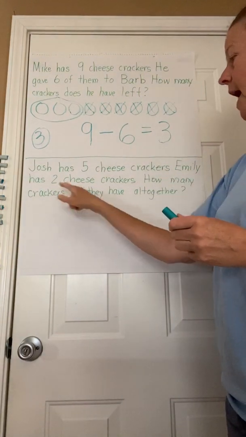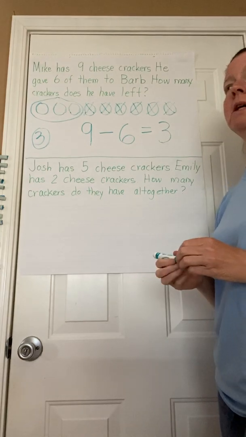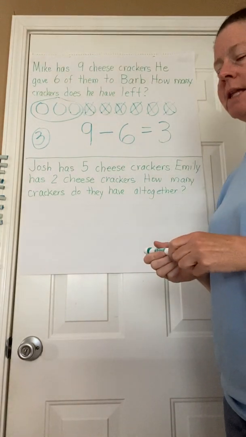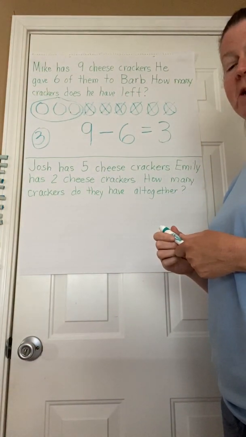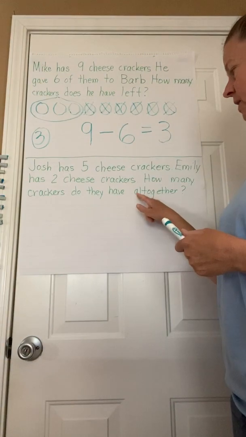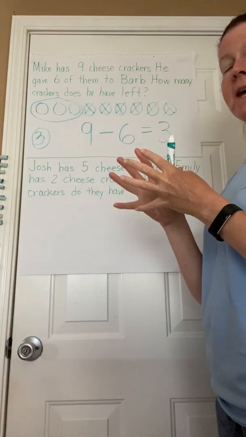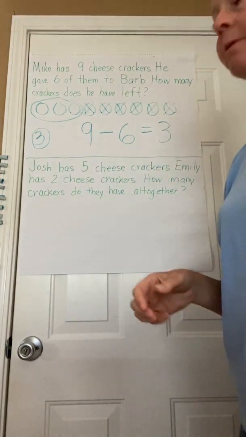How many crackers do they have all together? Now, what is the one word that tells us that we're going to be adding the crackers together? Can you think of what it is? That's right, all together. When we say all together, we're putting them all together. We are adding.